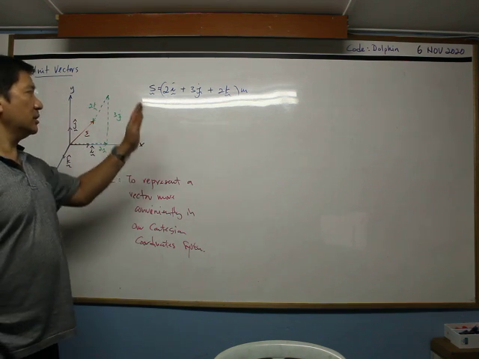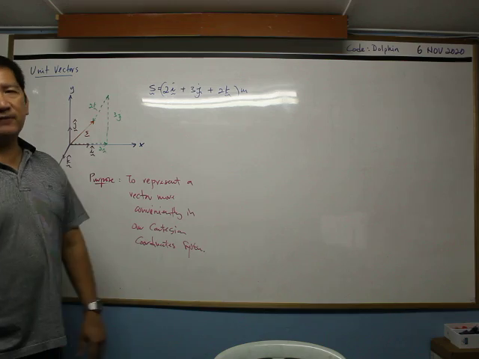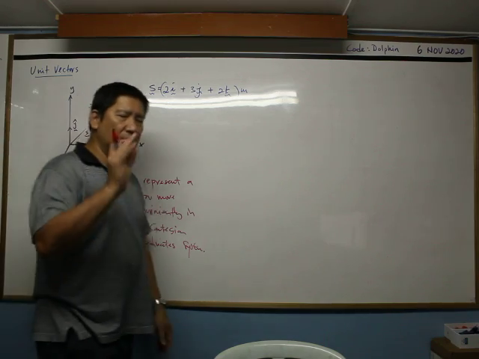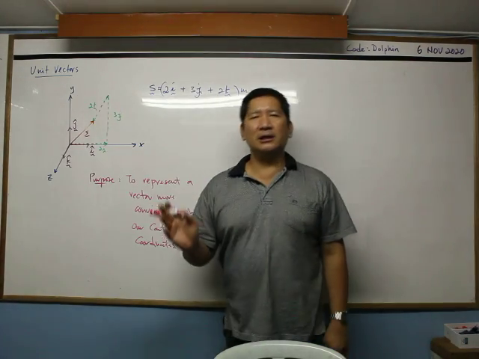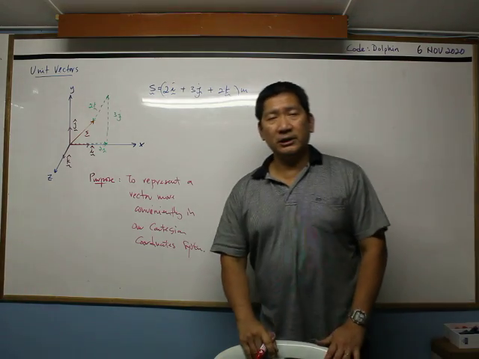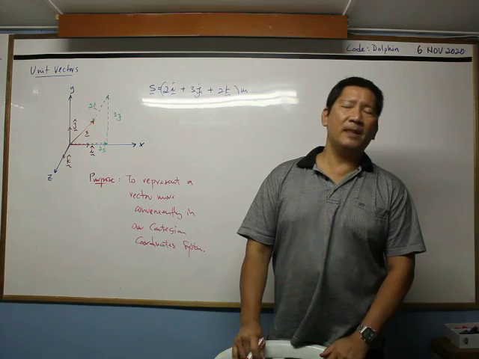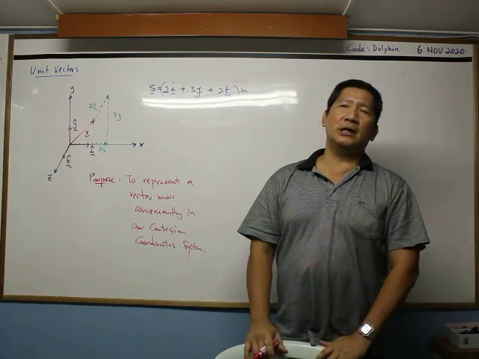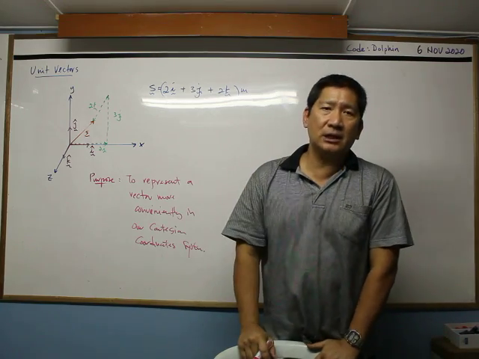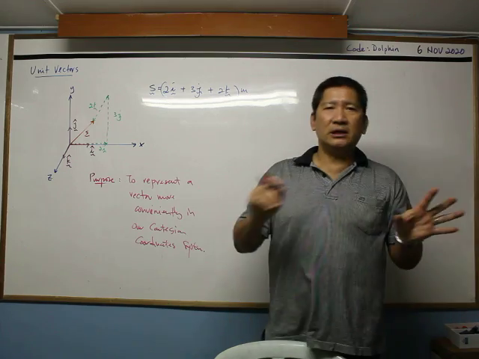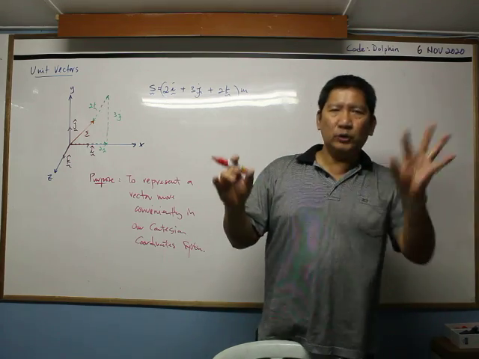But this is not just 3 of the unit vector. There are actually a lot of symbols used for some other coordinate systems. The coordinate systems that we have in physics and mathematics, we have Cartesian coordinate system, we have spherical coordinate system, we have cylindrical coordinate system. All those systems can be transformed from one to the next.